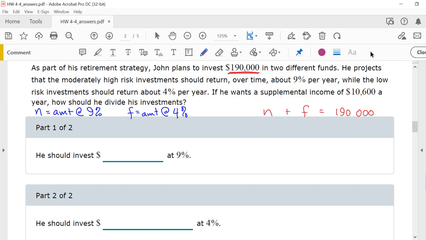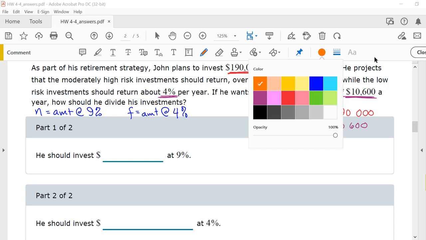Now for the return part. Moderately high-risk investments should return about 9% per year. So 0.09 times that much money, N, plus 0.04 times F should equal $10,600.